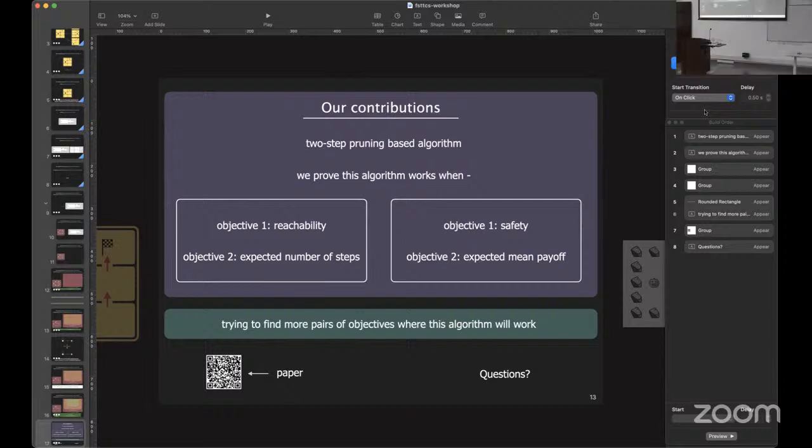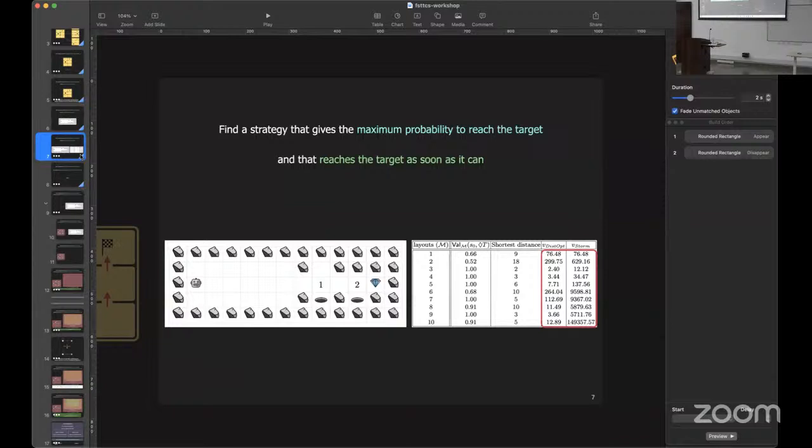Okay. And the second question is that, so you are using, for example, Storm for both the objectives, one after another. So you run Storm first, and then it gives you the set of all optimal strategies with respect to reachability. And then again, you are running Storm or another model checker for the expected number of steps. Yeah. So basically, we don't compute all the strategies for the first objective.